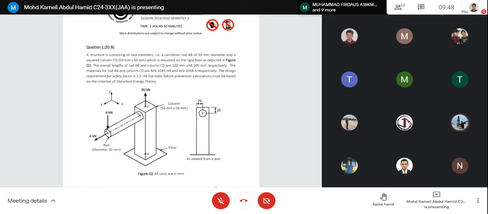Moment, bending moment. What else? What do you have? Bending moment, one more. Reaction force of 6 kilonewton downward and the axial reaction.